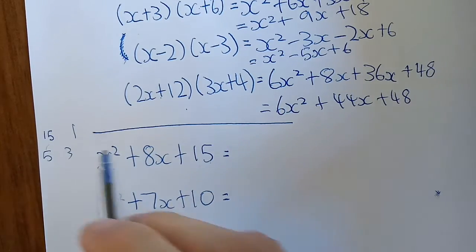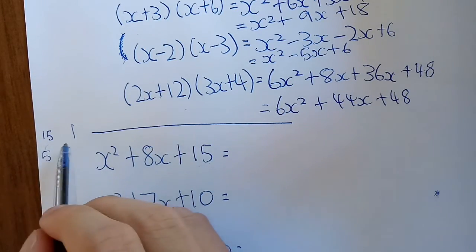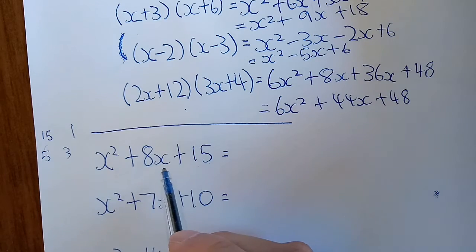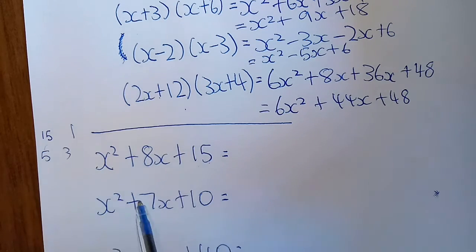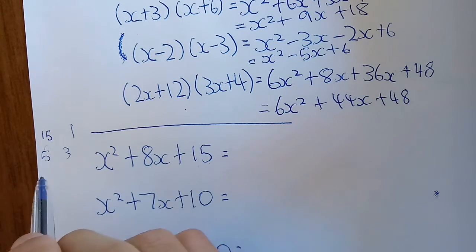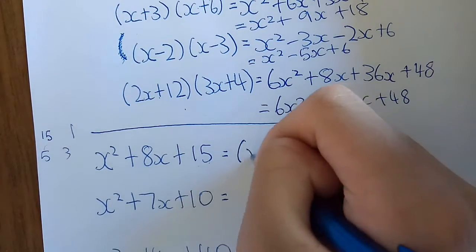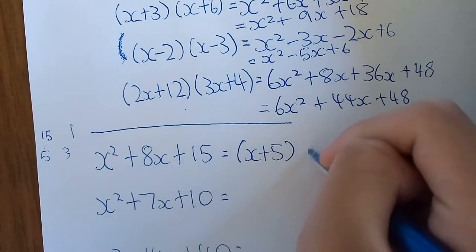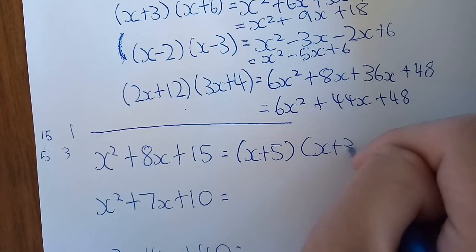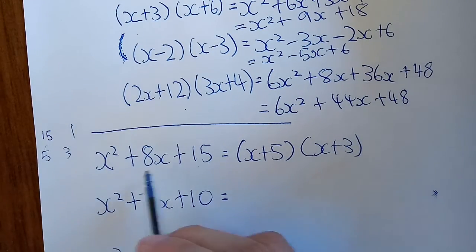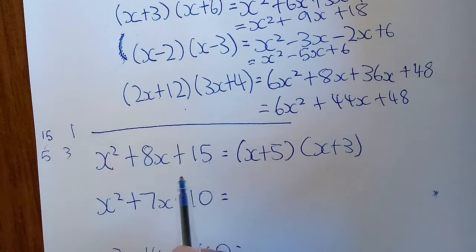So 15 and 1, obviously they multiply to 15, but they don't add to 8, but 5 and 3 does. So we use this in our factorizing of this quadratic. So then it'll be x plus 5, x plus 3. You can still double check. If you expand this out again, it will equal this equation right here.